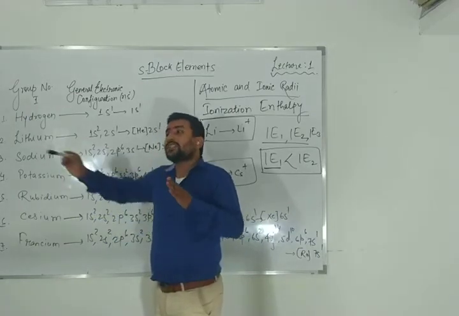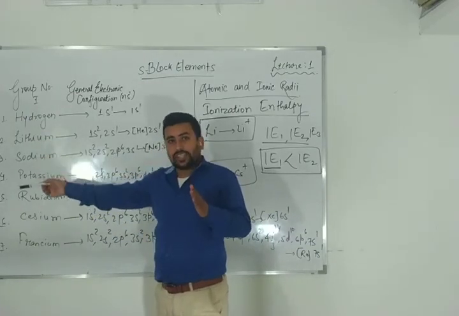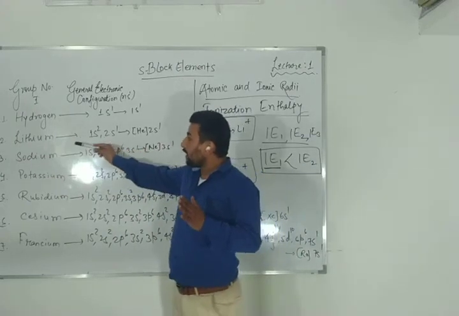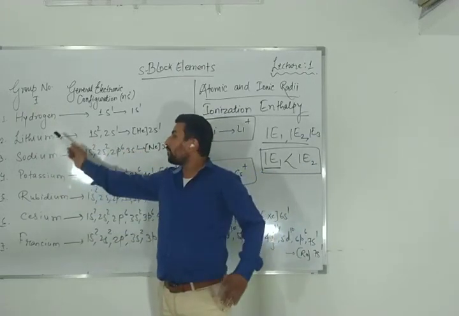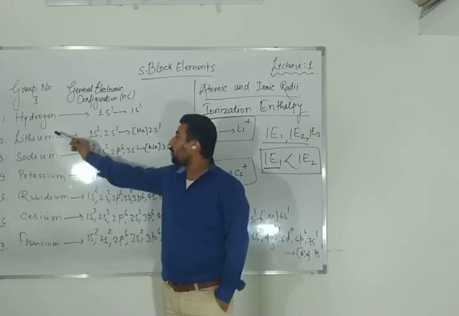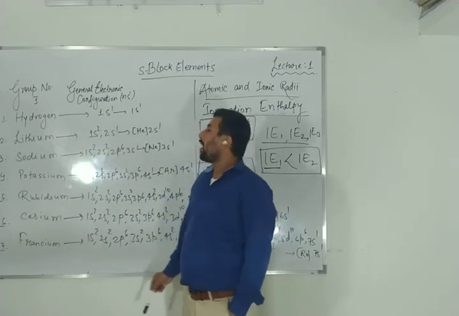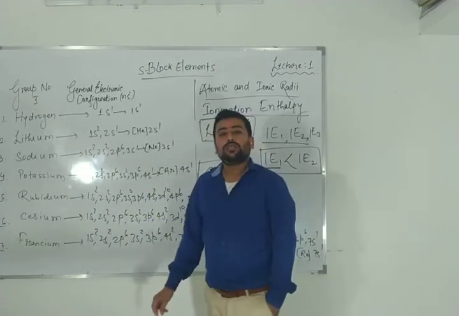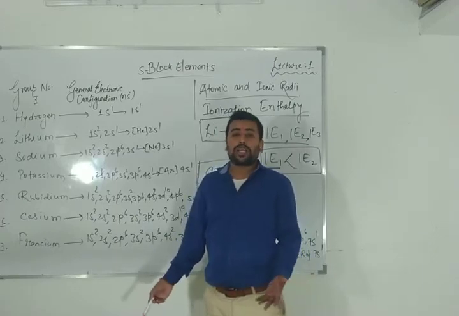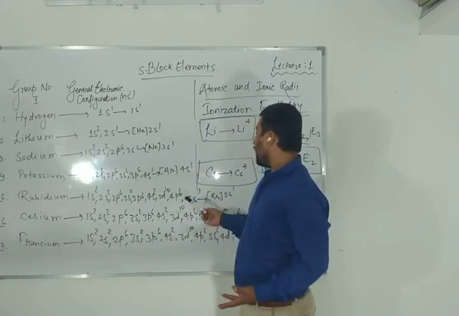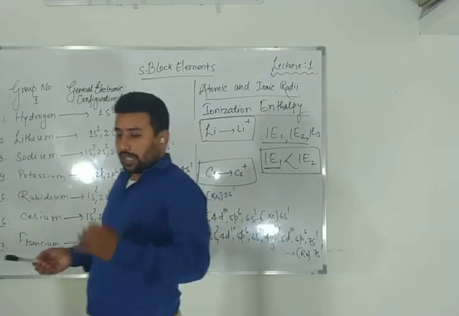So the electron will be farther away, with more nuclear screening effect. So to remove one electron from an isolated gaseous atom of these alkali metals, we require less energy because these are monovalent or electropositive elements. So this is our ionization enthalpy.